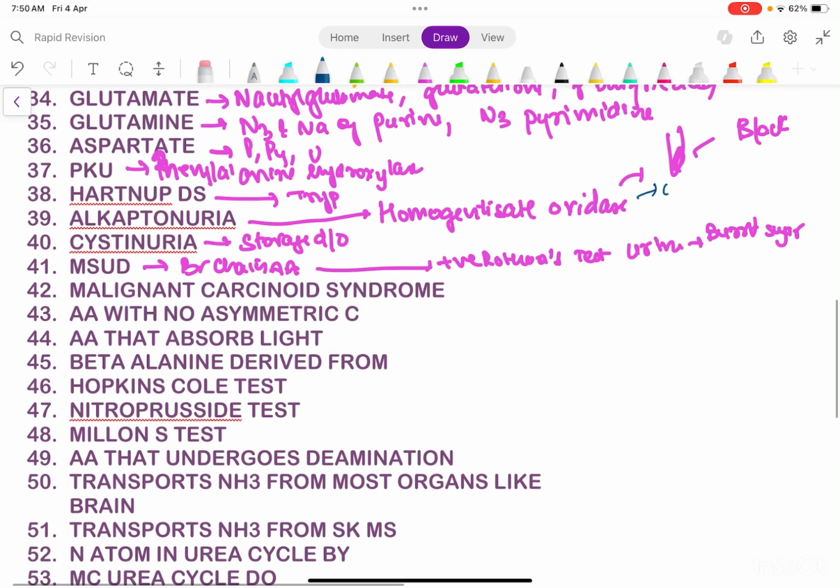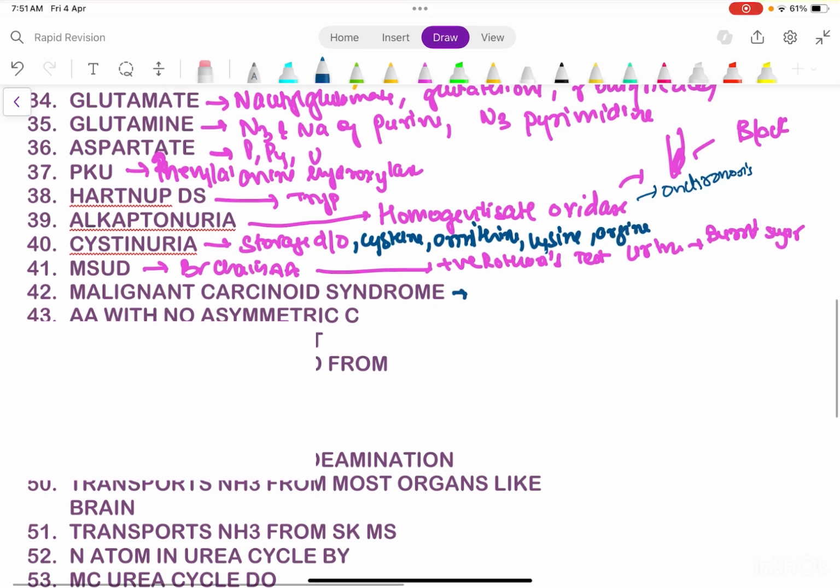Then a few points in this. One complication is known as ochronosis, in which cartilage and tendons are involved. Cystinuria involves cysteine, ornithine, lysine, and arginine. Now, malignant carcinoid syndrome.